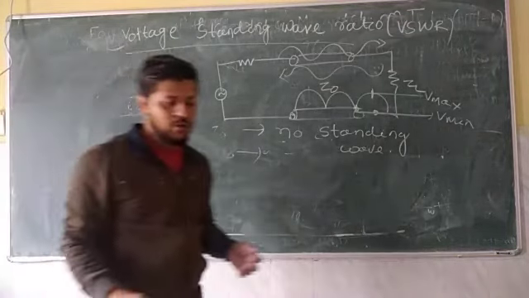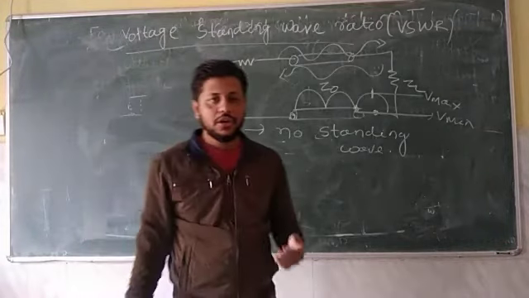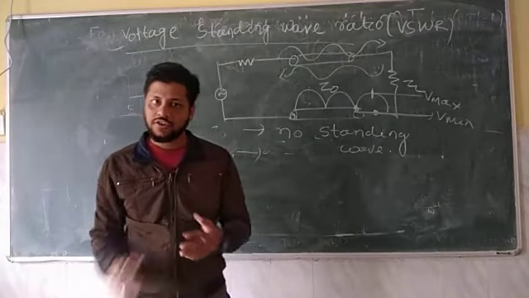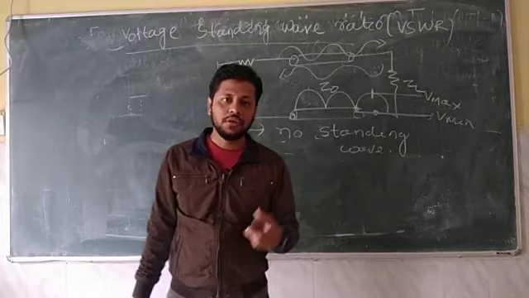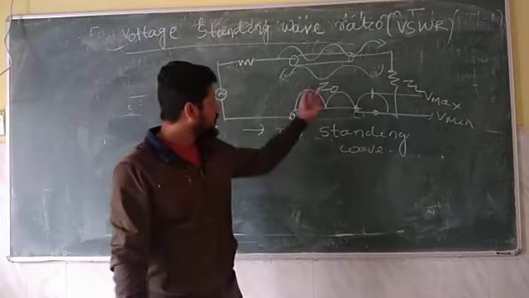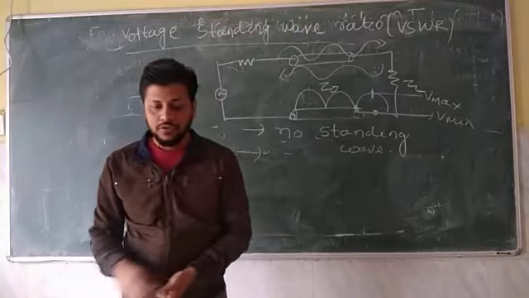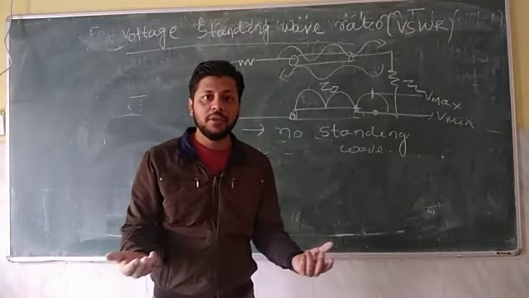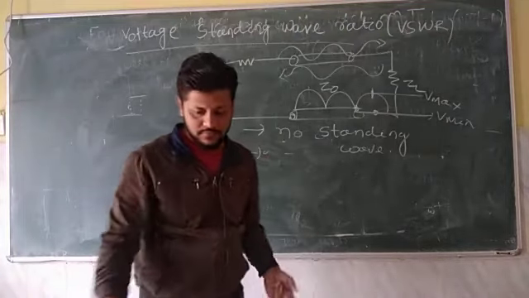So standing wave ratio means here the wave is oscillating, it is not propagating. And the second thing, a standing wave will form only when ZL is not equal to Z0. So what will it measure? It will measure the degree of mismatch.